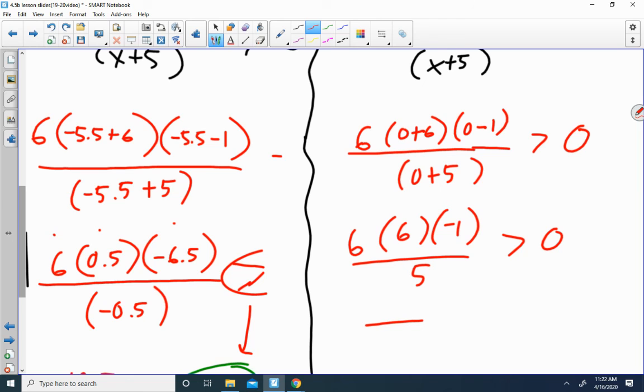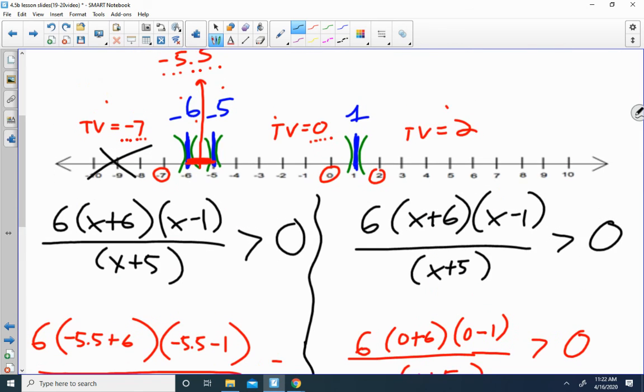On top, that will be negative 36, and then on bottom you get 5, all greater than 0. And a negative number cannot be bigger than 0, so that is a flop. So the third interval flops out.